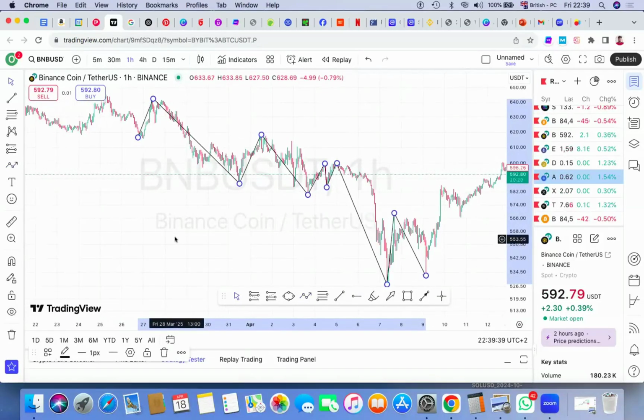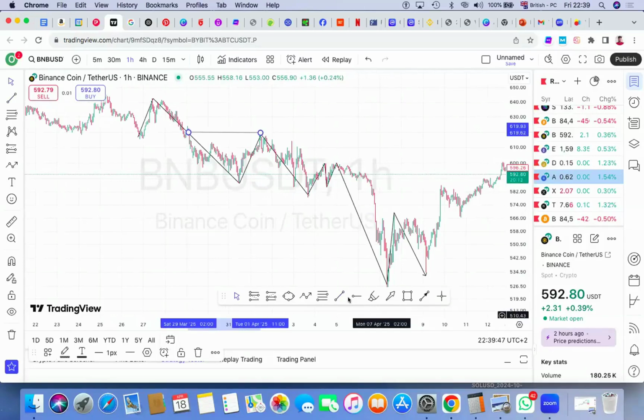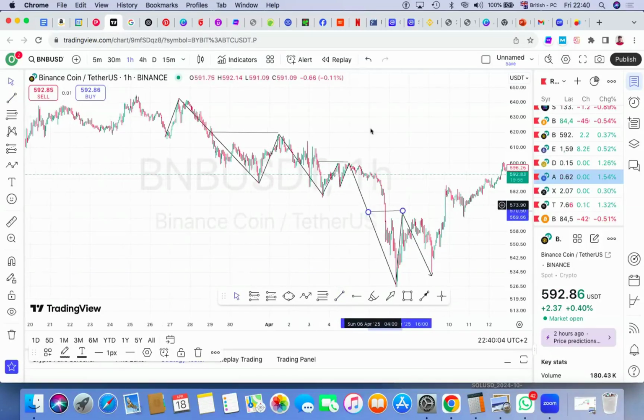And we can see the market breaking structure to the downside. So this is a downtrend scenario.